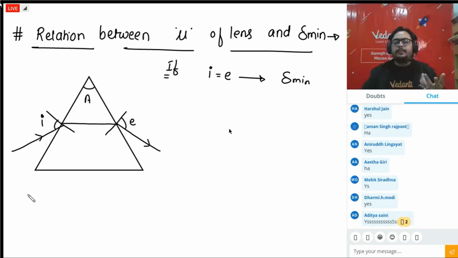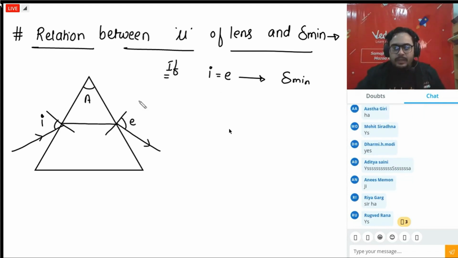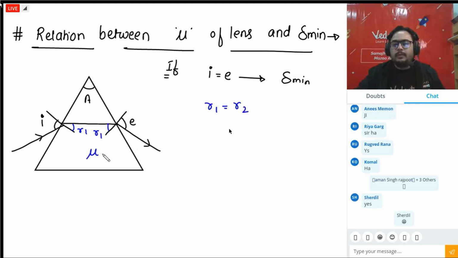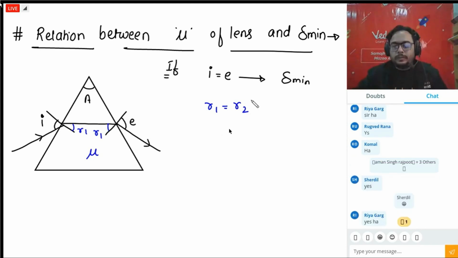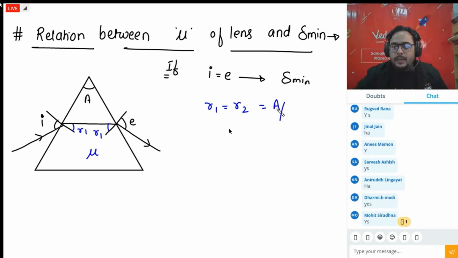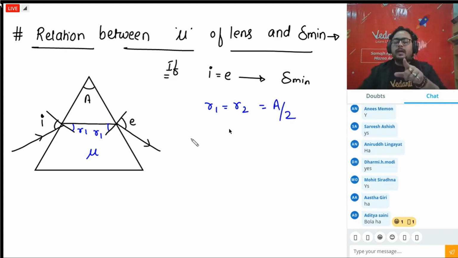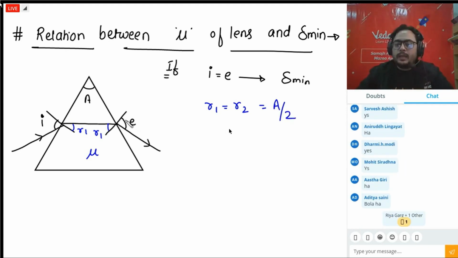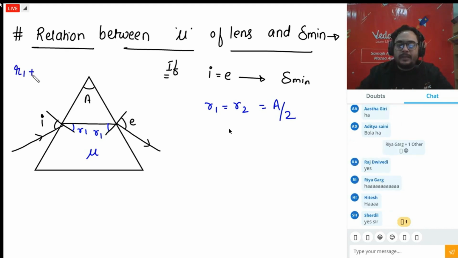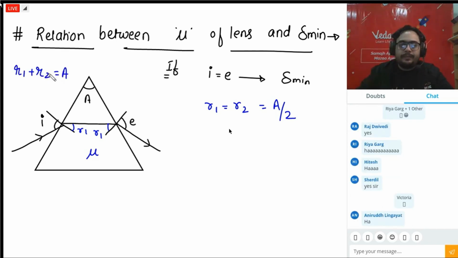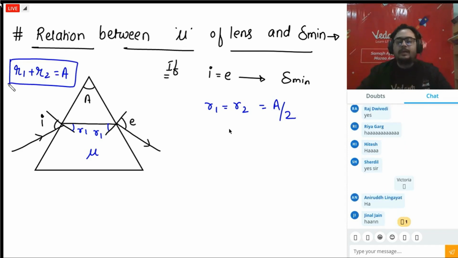If I is equal to E, can I say R1 will be equal to R2? Yes, and it will be A by 2. Why? Because R1 plus R2 is A. Do not forget. R1 is equal to R2 is equal to A by 2.